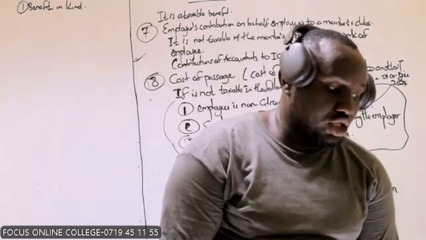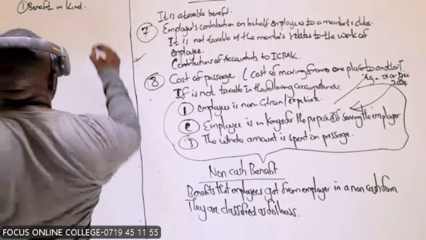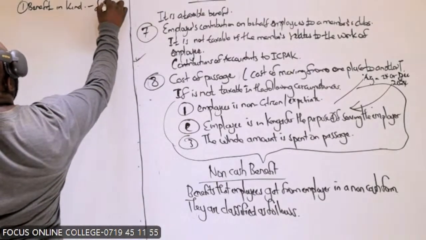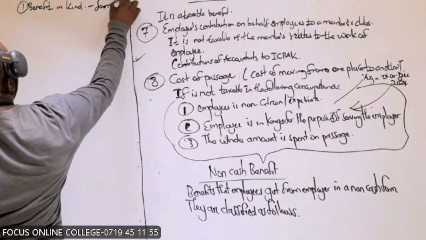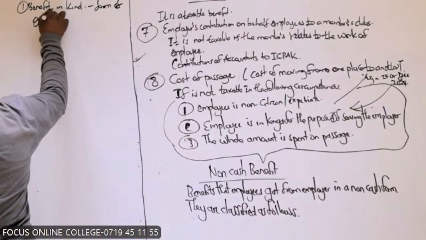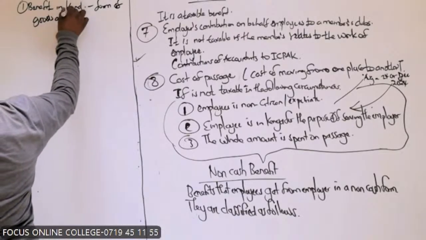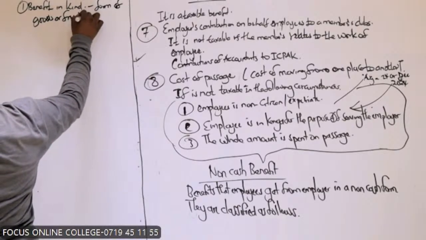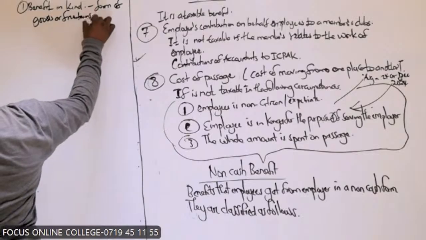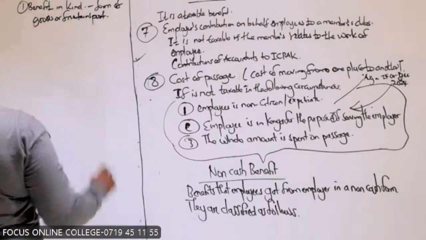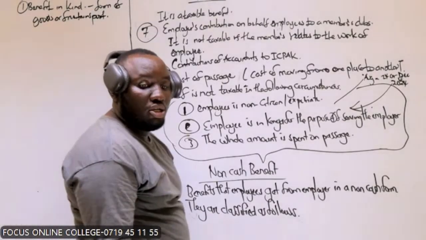You can have them in form of goods, or you can have free transport. These are benefit in kind.